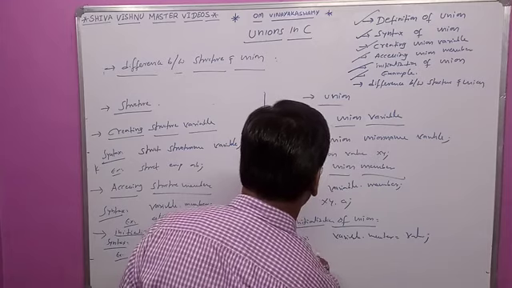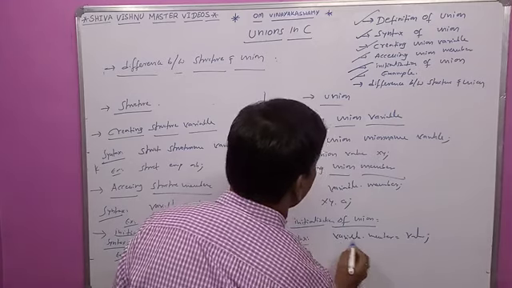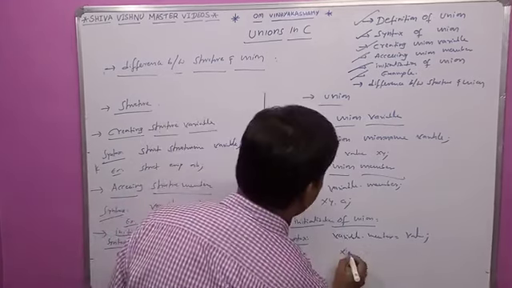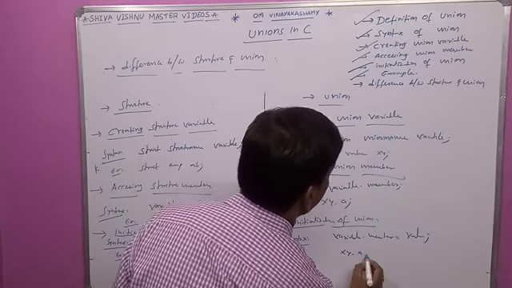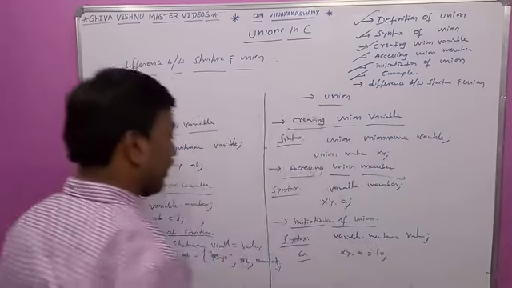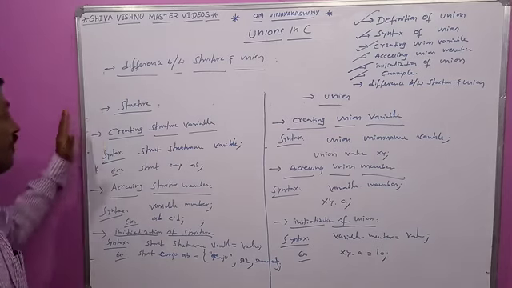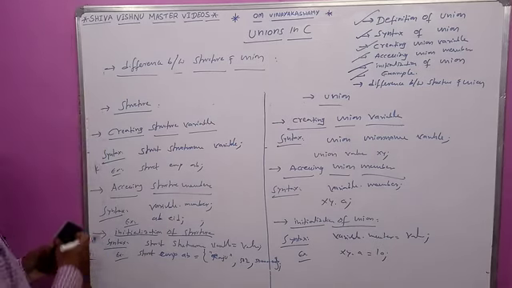As an example, xy is the variable and member a is assigned 10 like that. Here you can see the first difference is the definition.